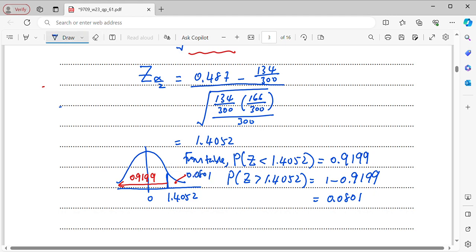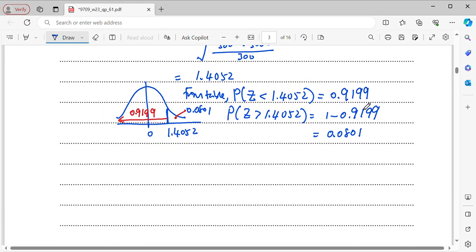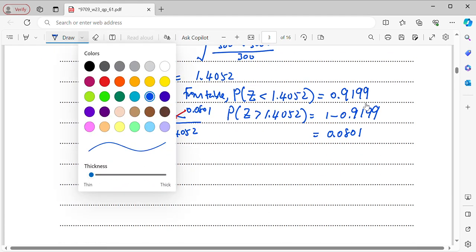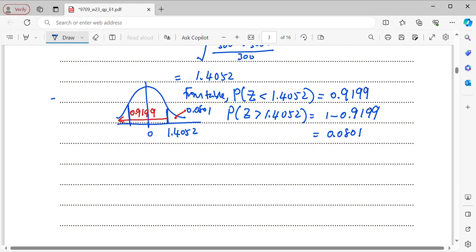So we know that basically when you form the confidence interval, it's basically these two regions. It's basically bounded by these two lines. So from here I know that they are symmetrical, which means the region on the left hand side is also the same value 0.0801, which is the same value as the right side. Then from here I just need to find out what is the middle value.